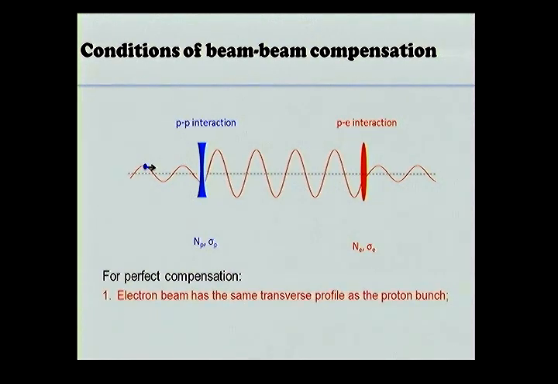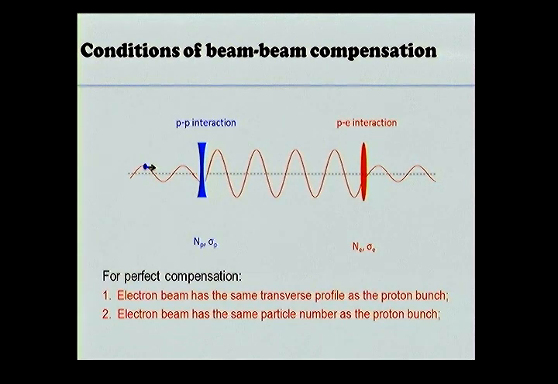First, the electron beam should have the same transverse profile as the proton bunch, which means the electron particle distribution should be the same as the proton bunch at the E lens, and the size of the Gaussian distribution of the electron beam should also be the same as the proton bunch's transverse beam size.